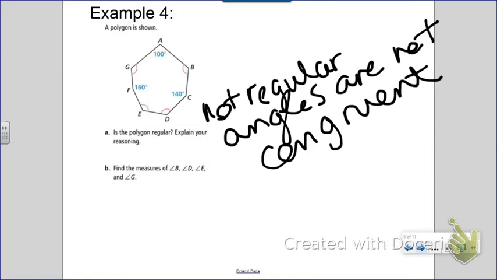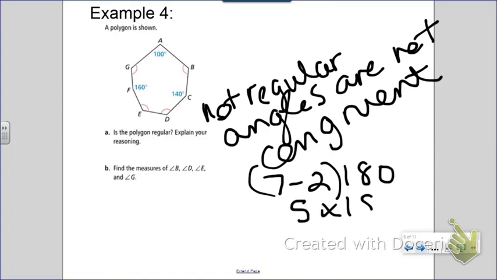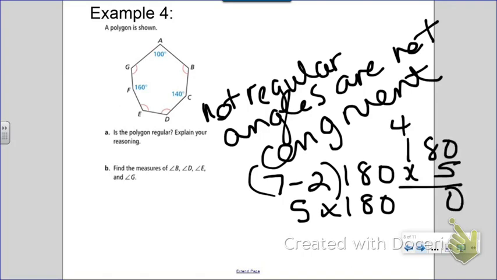We have a total of 7 angles. If we take 7 minus 2 times 180, that's 5 times 180. 180 times 5 is 900 degrees.